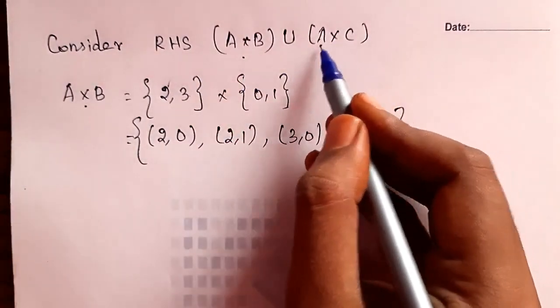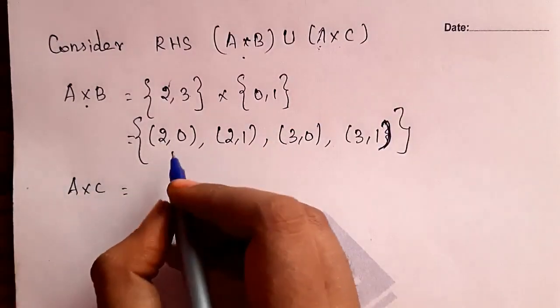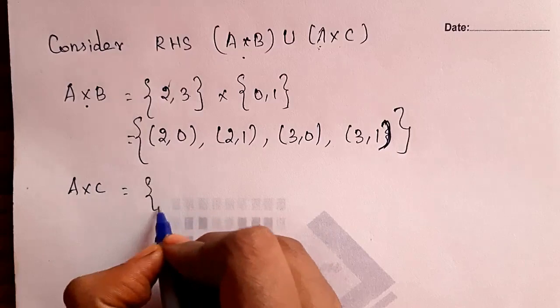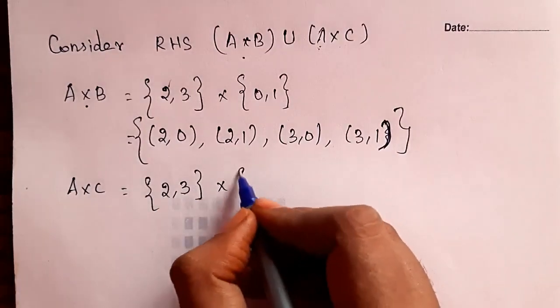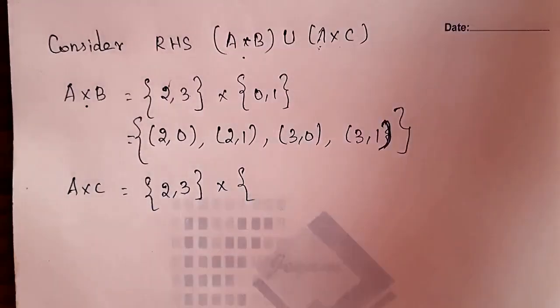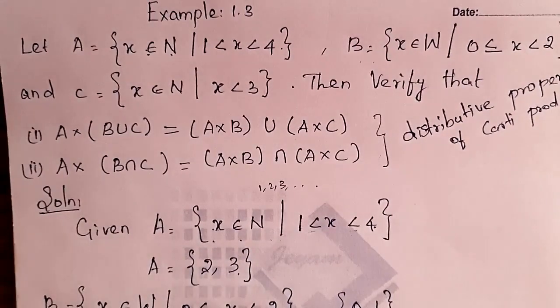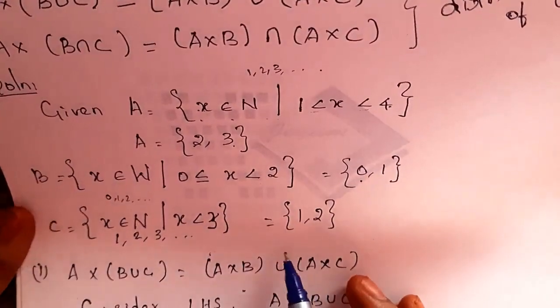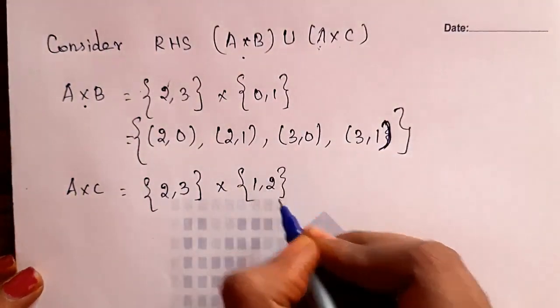Next we can find A cross C. So A cross C equal to, already you know this is A, 2, 3, then cross C. What is C? C is 1, 2.